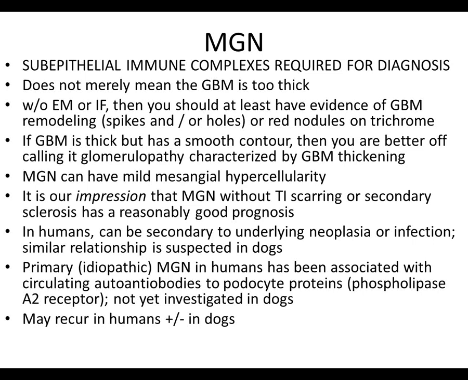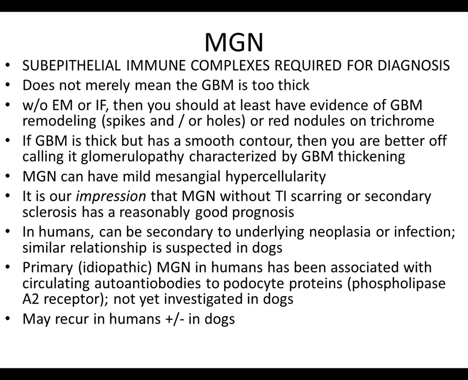And that's the basic difference between membranous and what we'll see later with membranoproliferative. So when they're on the outside of the capillary loop, there is very little chemotaxis or attraction of inflammatory cells because they're not in a location that can induce that response.